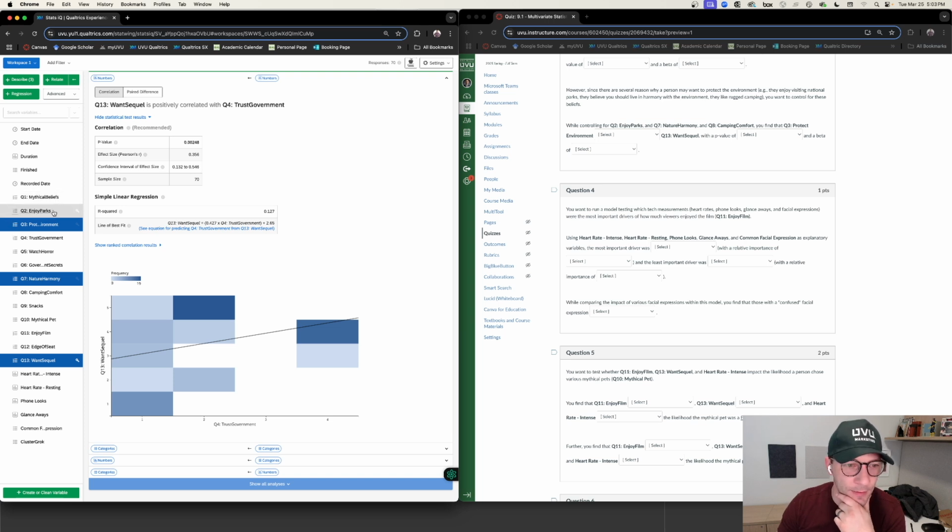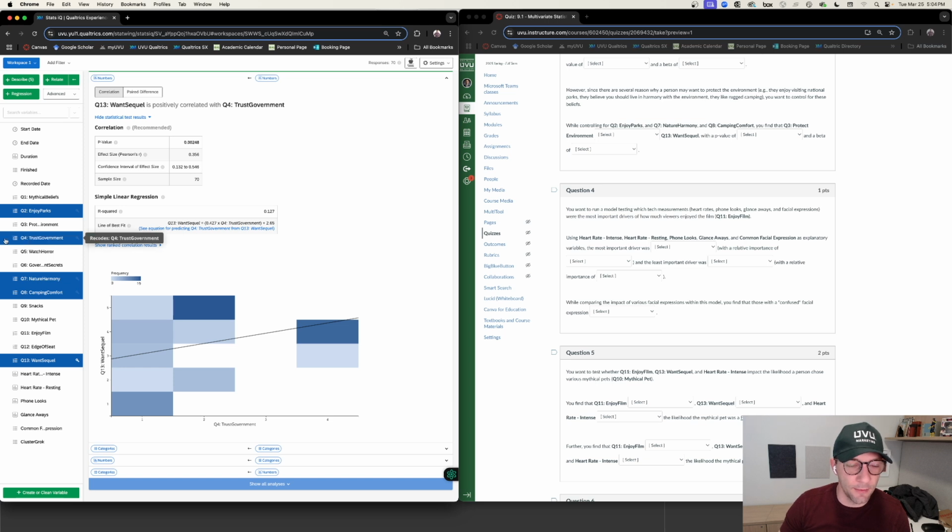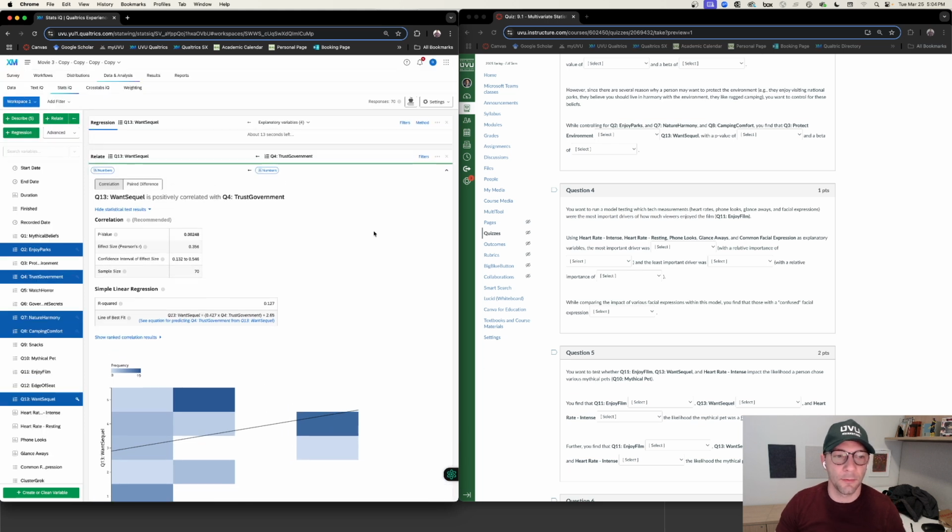So we have enjoy parks, nature harmony, and camping effort. We want to run those and see how that impacts the relationship between protect environment and want sequel. Again, I'm going to go with trust government instead, just so I get something a little different. So I'm going to run this.